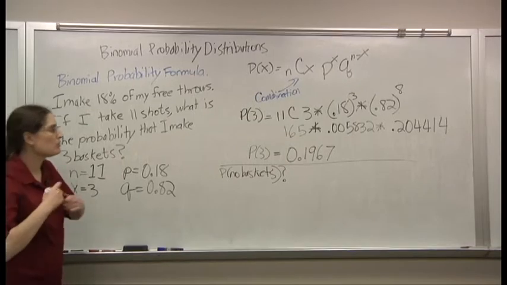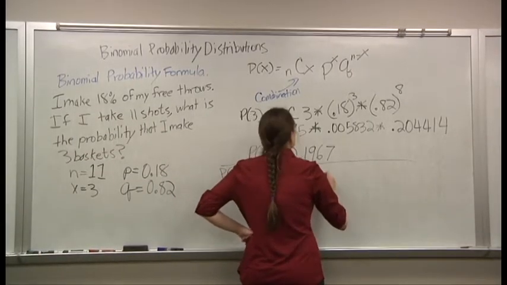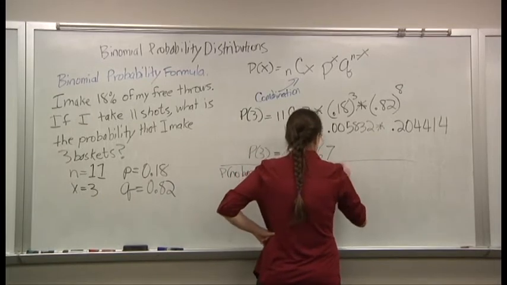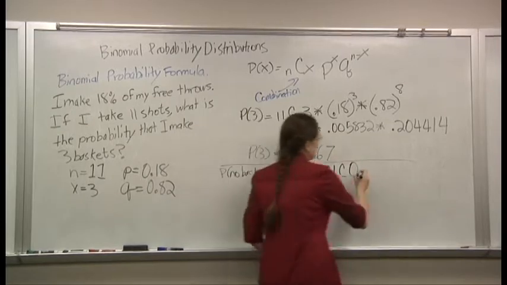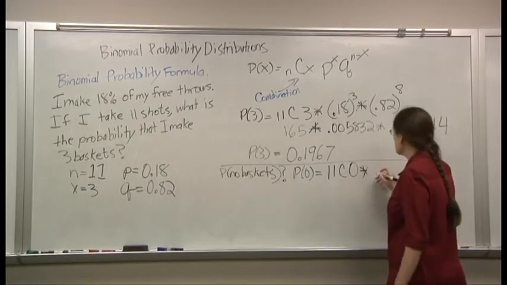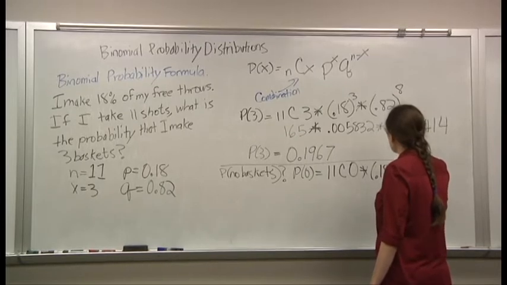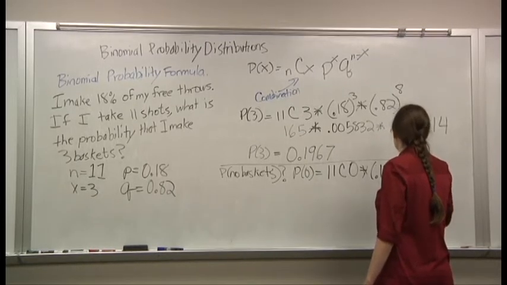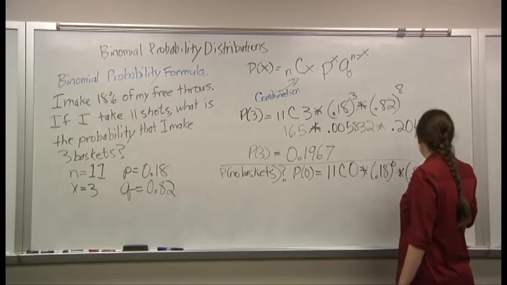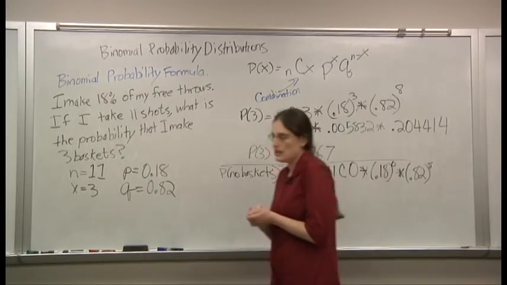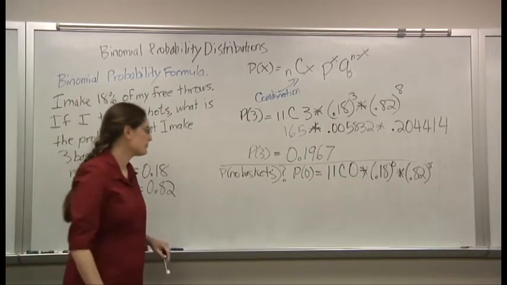N, P, and Q are all still the same. 11 choose 0 times 0.18 to the power 0, 0.82 to the power 8. The answer is not 0. Be very careful.